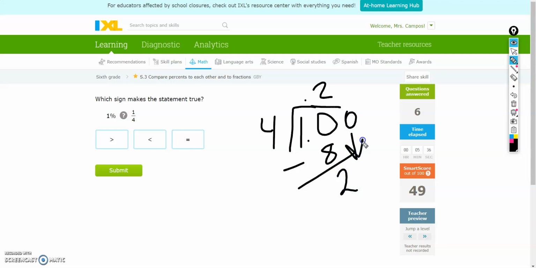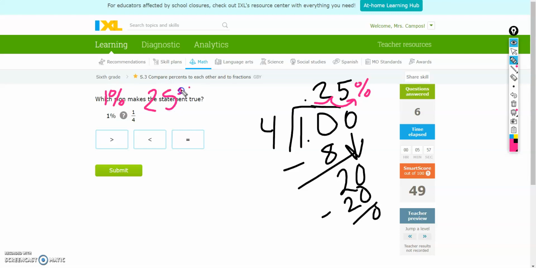And I bring down my 0, and that goes in 5 times. And then, of course, I need to move my decimal 2 times. So I have 25%. So 1% compared to 25%.